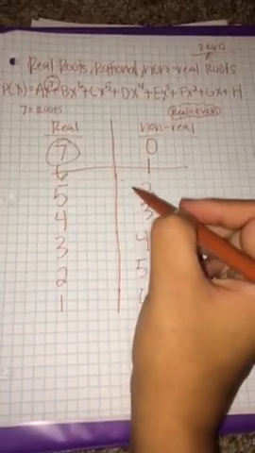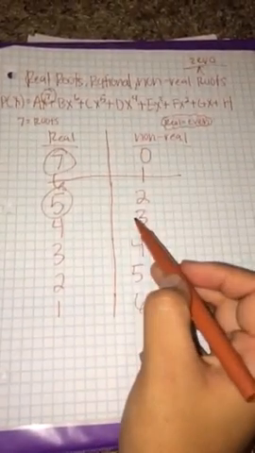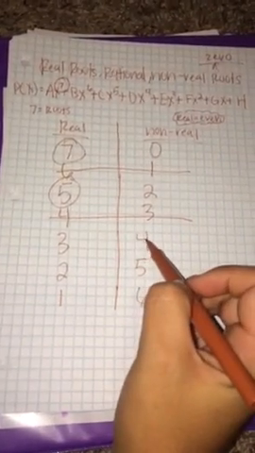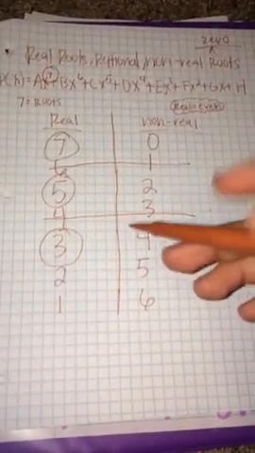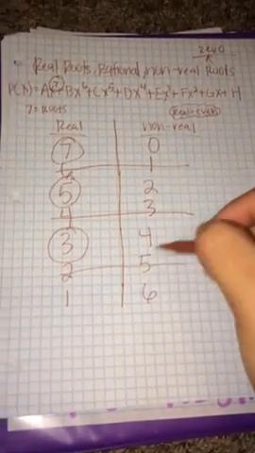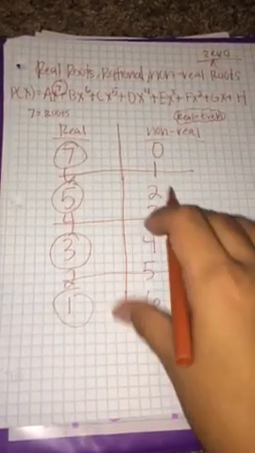A 2, that's even, so we know that a 5 is a real 0. A 3, that's not even, so we know that that's a non-real root. The 4 is even, so we know that a 3 is an actual 0. The 5 is not even, so we know that that's a non-real root. And the 6 is even, so we know that the 1 is an actual 0.